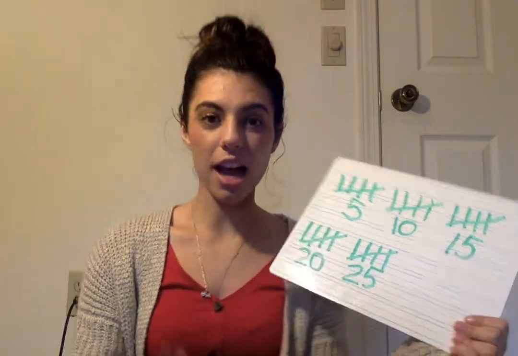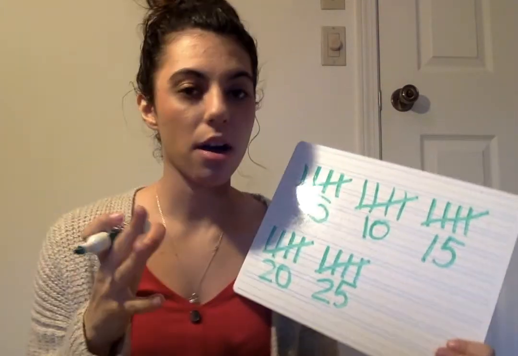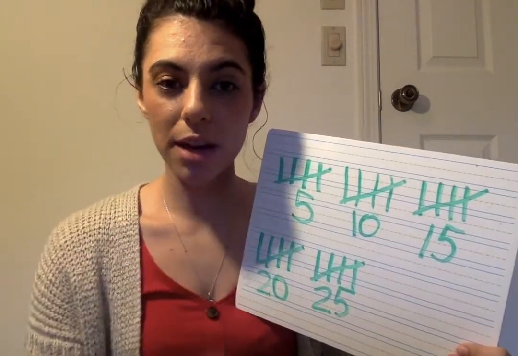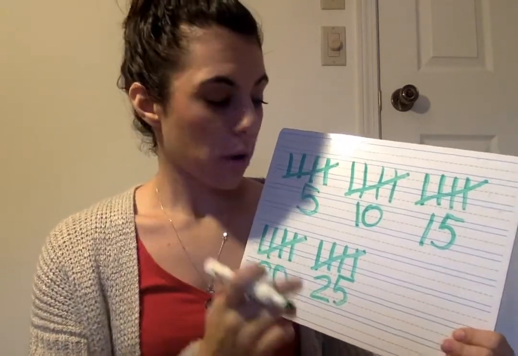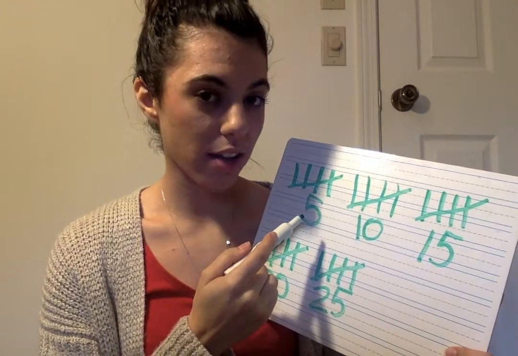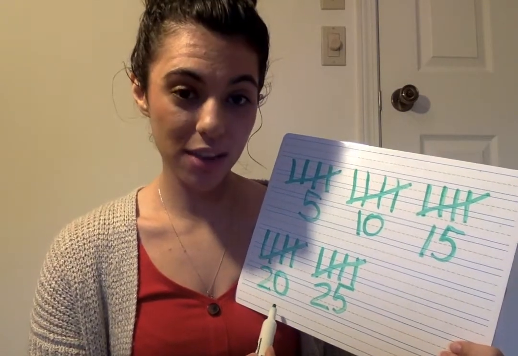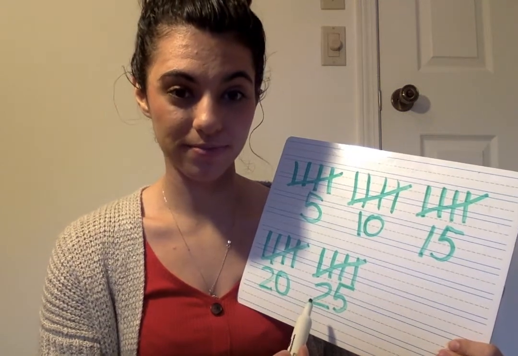Okay, so that is us tallying, keeping track of how many kids we're counting, and we're tallying up every time we have 5, and for every bundle, we are counting by 5's. So we have 5 plus 5 equals 10, plus 5 equals 15, plus 5 equals 20, plus 5 equals 25.